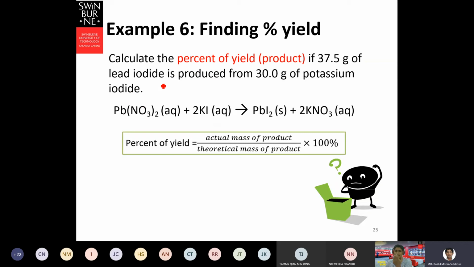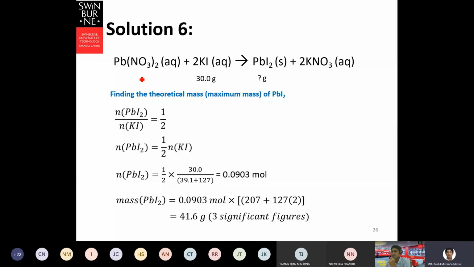What is the percentage of lead iodide actually produced from potassium iodide? From there we see that 2 moles of potassium iodide produces 1 mole of lead iodide. The ratio is 2:1.